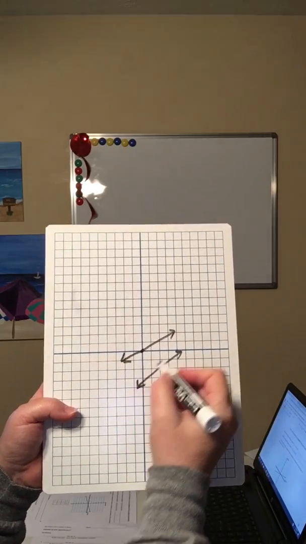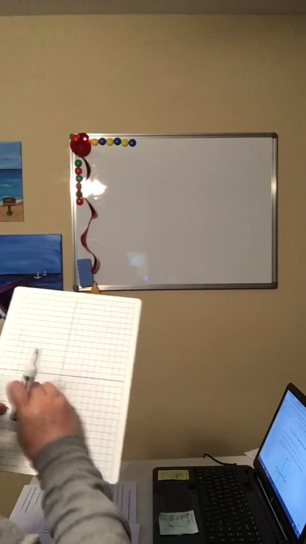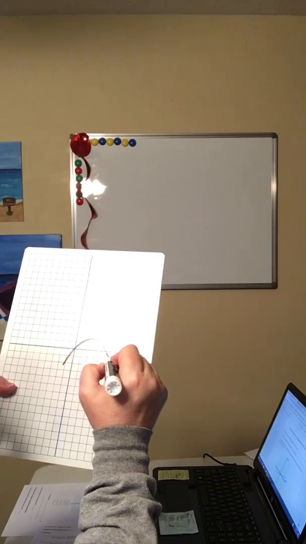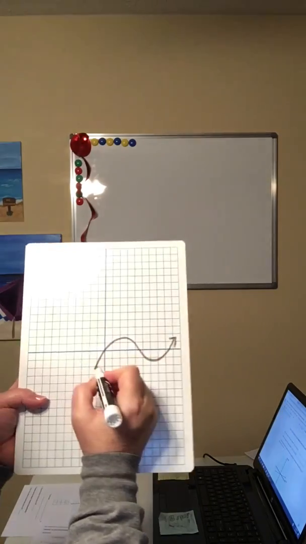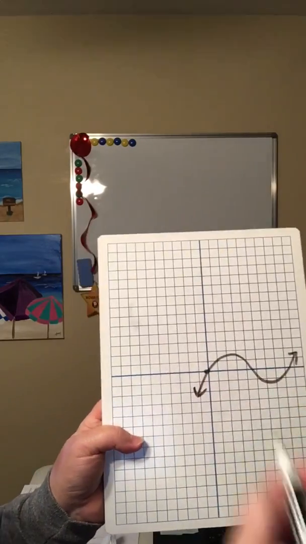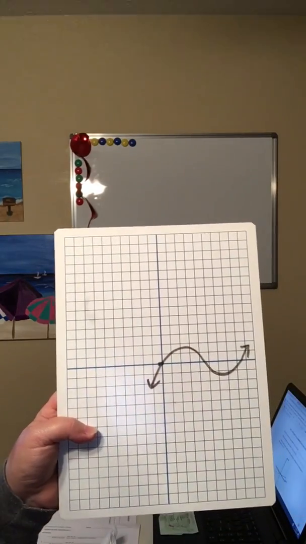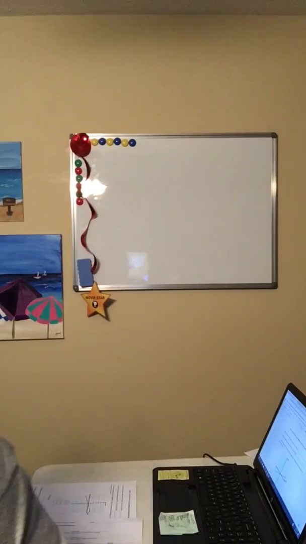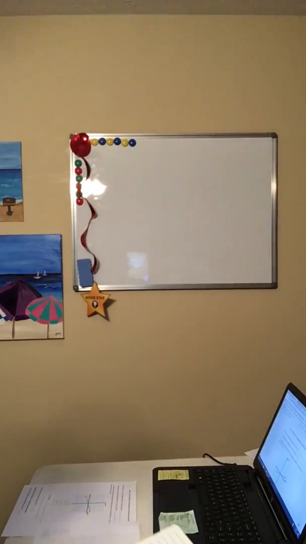So this one's not proportional. This one is. Also, if you had a curve that went like that, okay, it goes through the origin, but it's not straight. So that's not showing a proportional relationship. Okay, those are some things that we'll get into a little bit more later on.